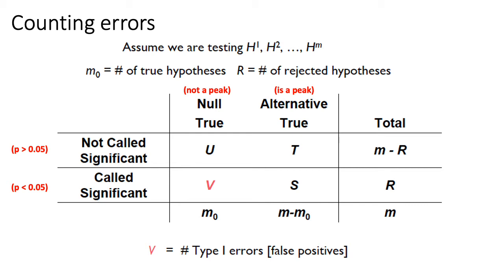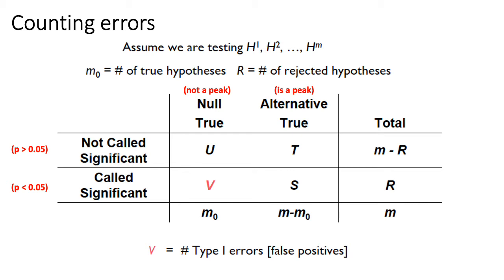Essentially each of those M hypotheses you test can fall into either P is greater than 0.05 for that particular test, or P is less than 0.05 for that particular test.